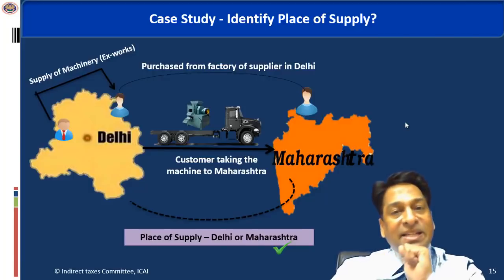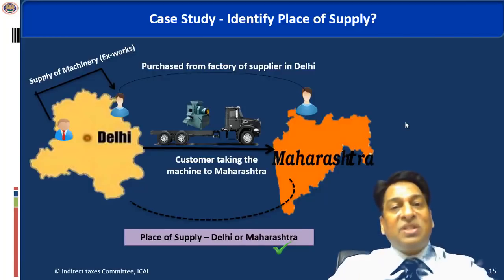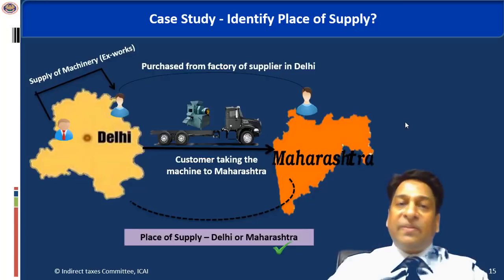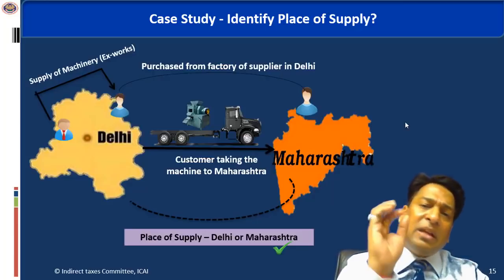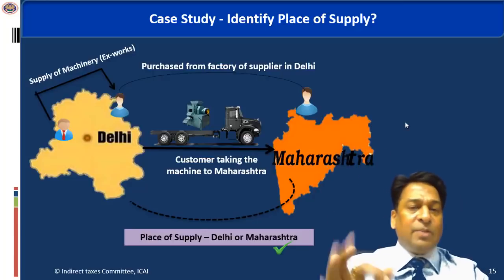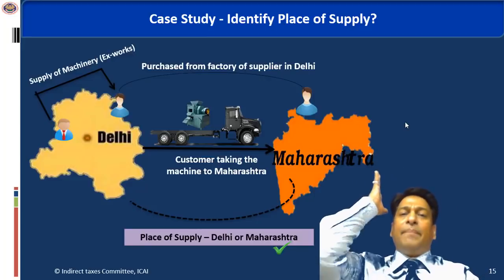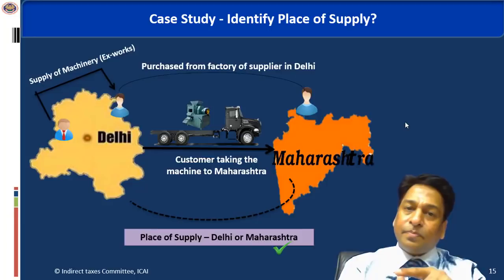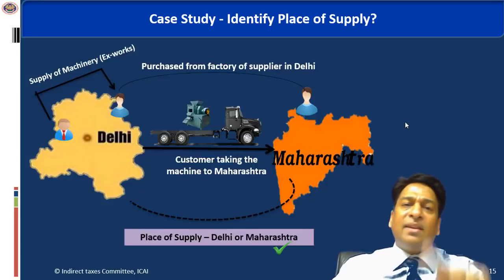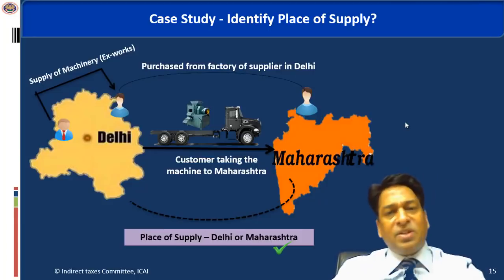And why should IGST have been charged? I need to justify. What is the justification? I'm going to give you some legal logic which will prove that this transaction is an interstate supply. Logic number 1. 10(1)(a), same provision.